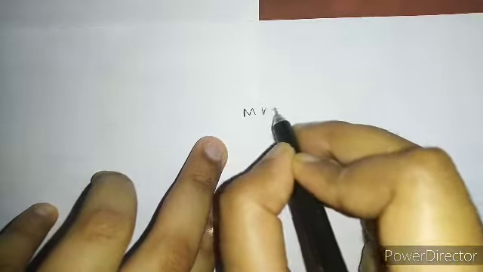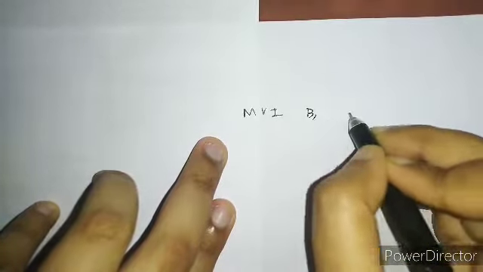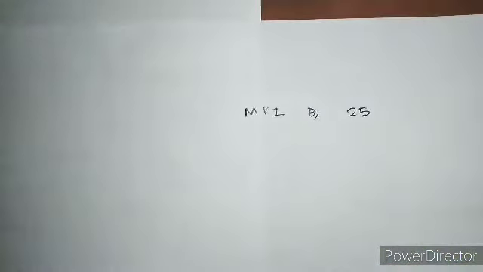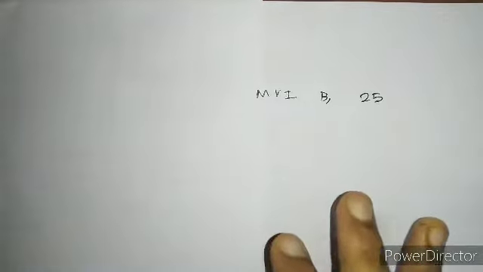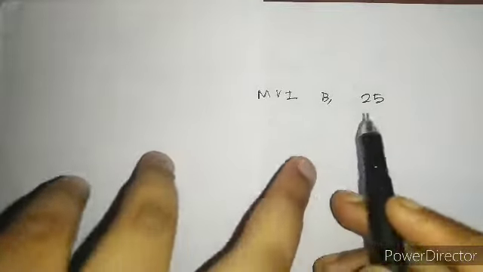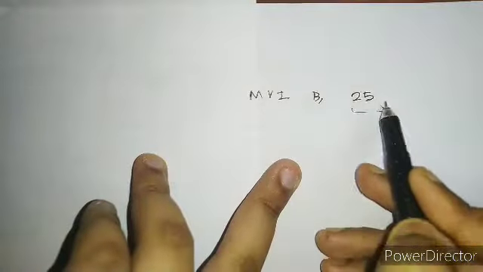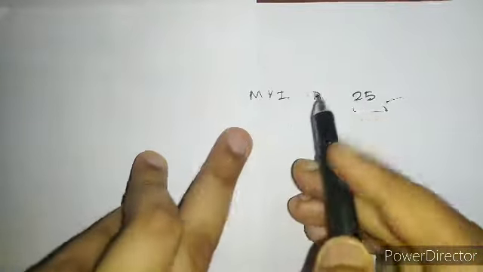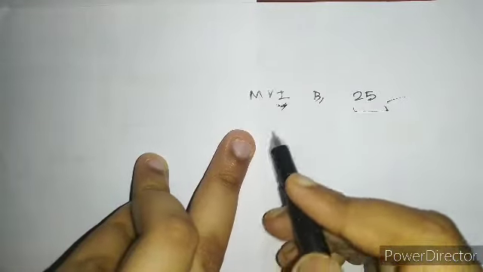Whenever you see an instruction, first check the number. Suppose MVI B, 25. Listen to this very carefully. Till the last program you learn in your life, don't forget this. First check the number. Then check, is there any I?